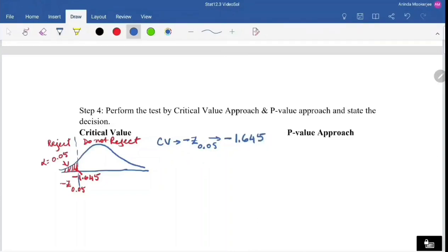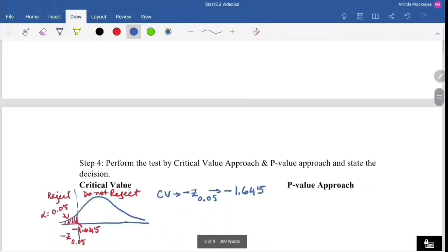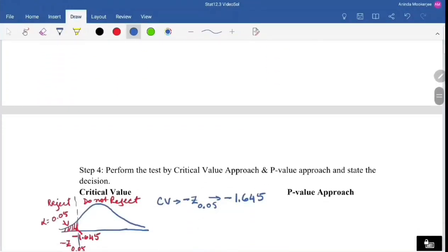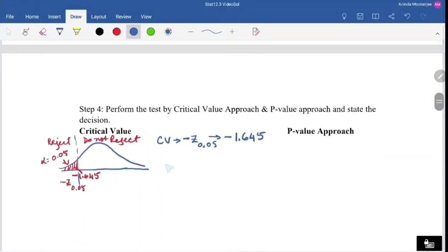And now let's bring our test statistic value, which is negative 2.726. Just a second. All right, so z sub 0 of negative 2.726, it's less than negative 1.645. That means it will be to the left of negative 1.645.